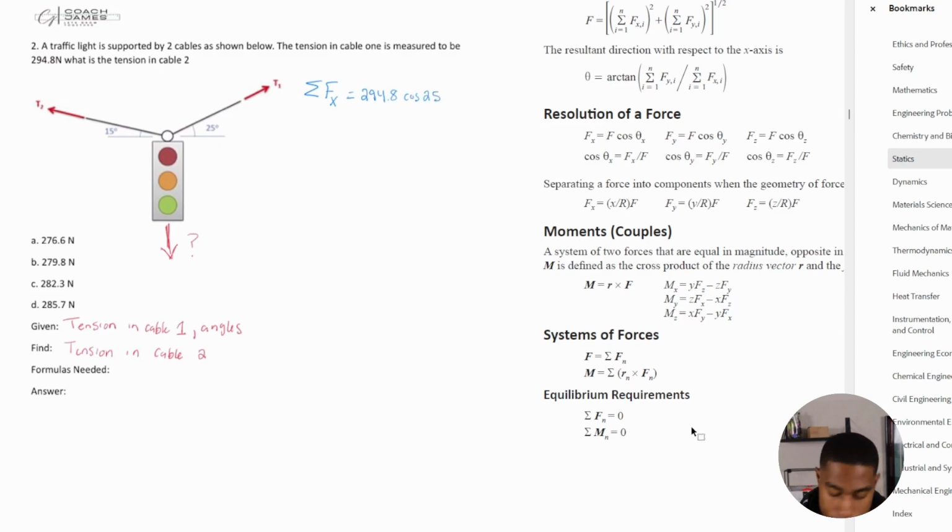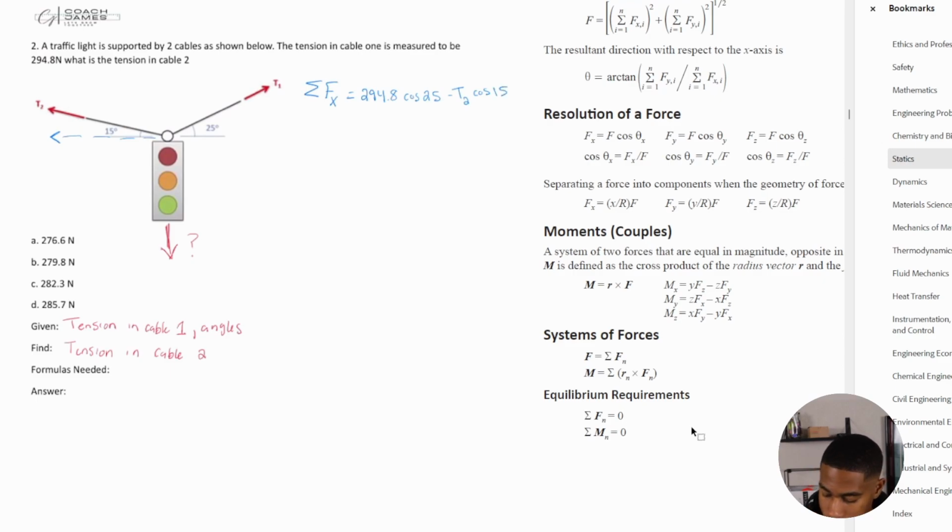Okay. And then what about for T2? Minus T2, because this x value is pointing to the left. So that's a negative x value. So T2, and then it's going to be cosine of 15.